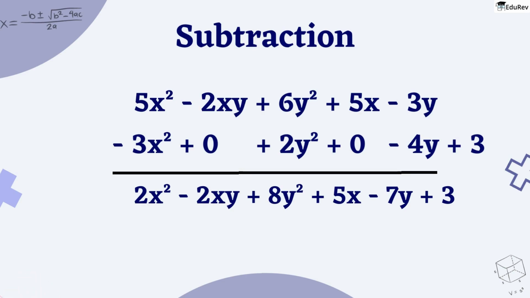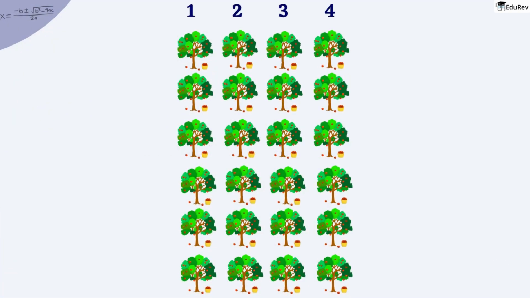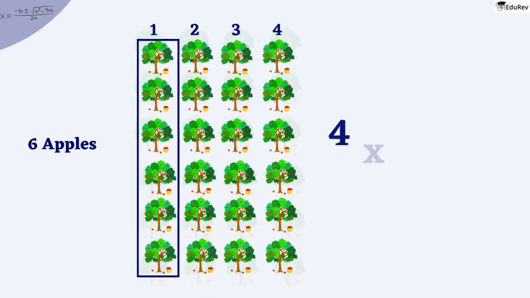Students, the next topic that we will do is multiplication of algebraic expressions. For example, if you have 4 rows of apple trees and each row has 6 apple trees, you can write it as 4 into 6. When you multiply 4 and 6, you get 24, which means you have a total of 24 apple trees on your farm.